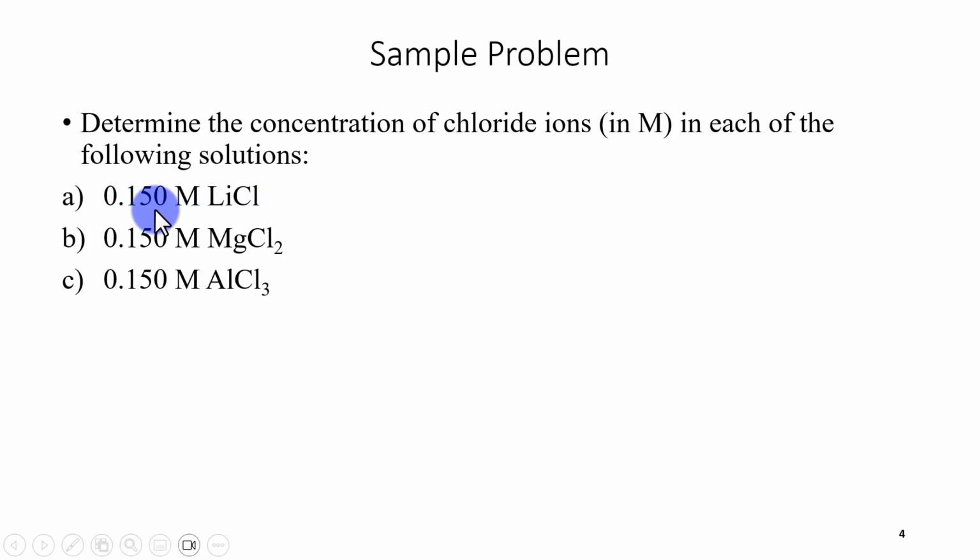So that tells me that I will also have the same molarity of chloride ions. Here, however, I have twice as much chlorine as I do MgCl2. Here I have 3 times as much. So go ahead and work on these and figure out the molarity of the chloride ions in these solutions.